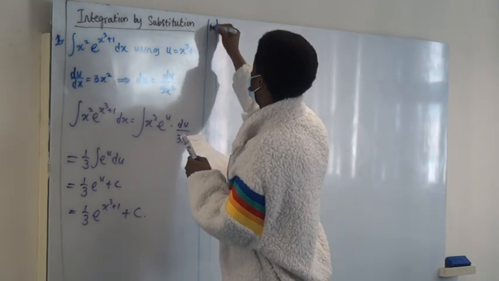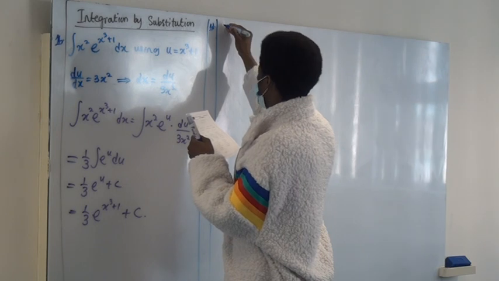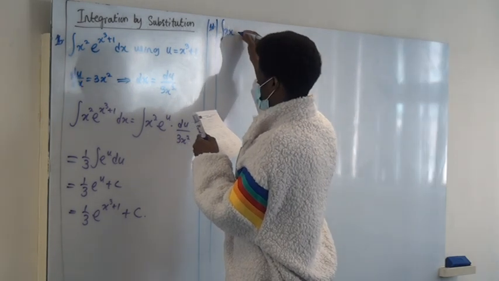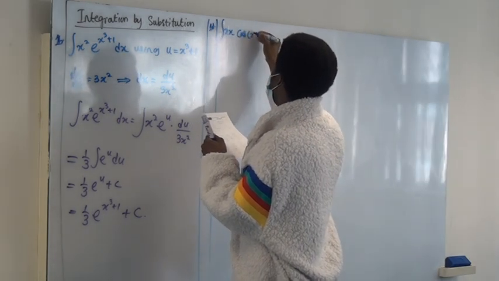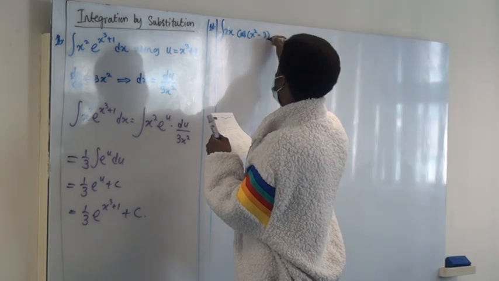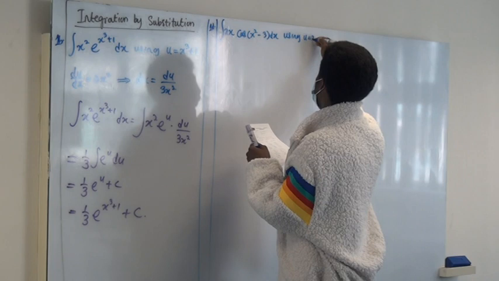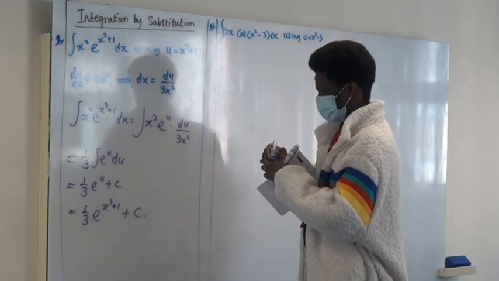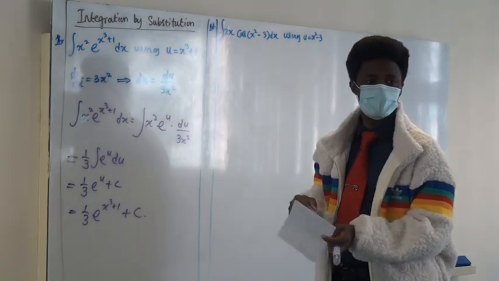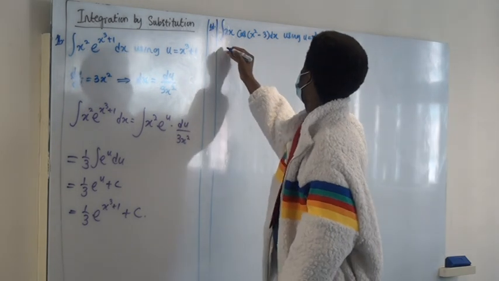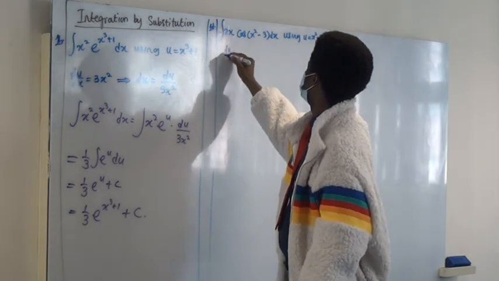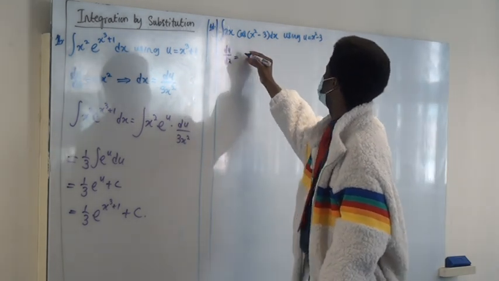So 1D says integrate 2x cos of x squared minus 3 dx using u equals x squared minus 3. Okay? So from there, the u, the x is what?